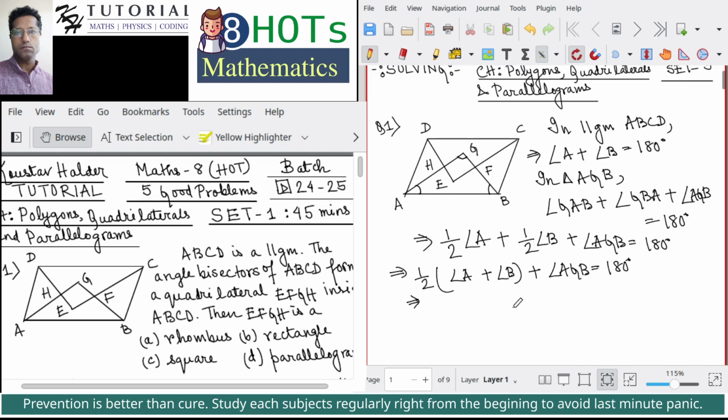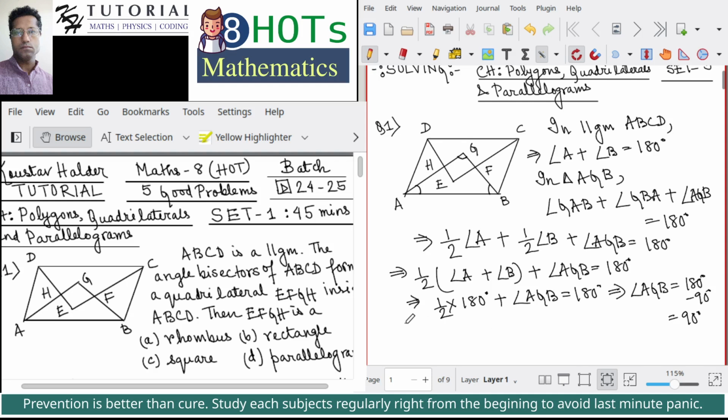Angle A plus angle B is 180 degrees. So we have half multiplied by 180 degrees plus angle AGB is equal to 180 degrees. Clearly this implies that angle AGB is equal to 180 degrees minus 90 degrees, which is equal to 90 degrees.